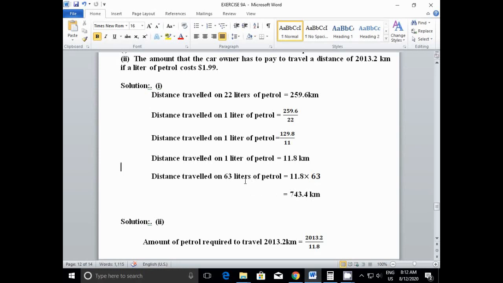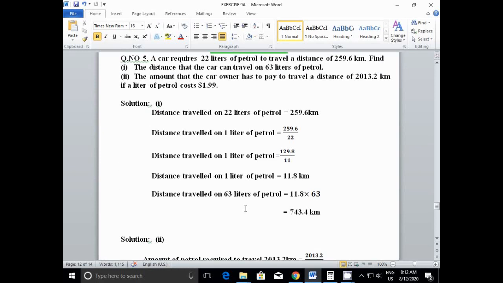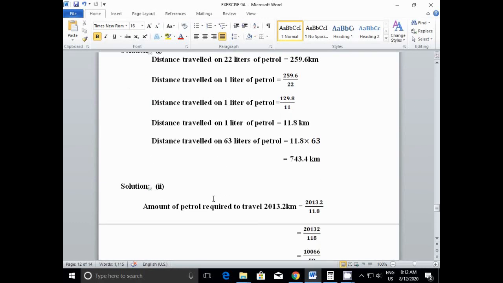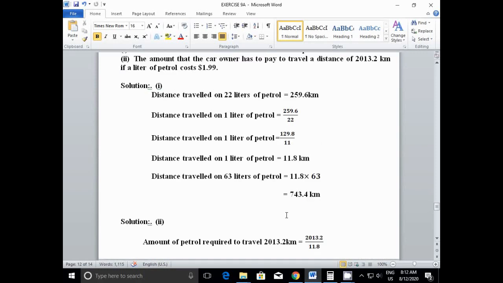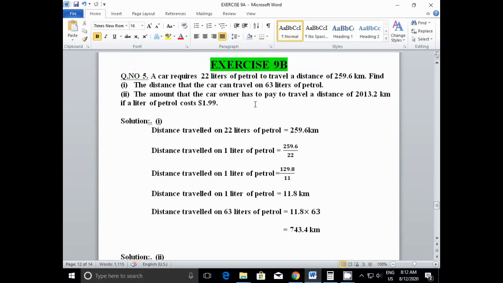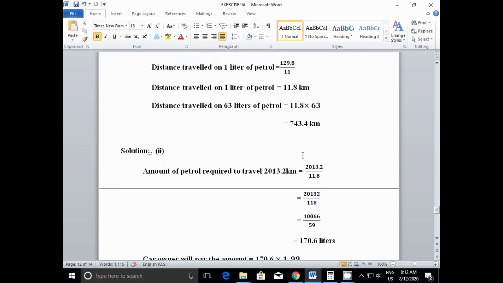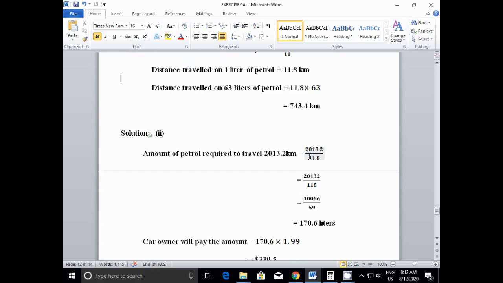Now second part from this question, we have to find the amount of petrol required to travel 2013.2 kilometer. Basically we will find the amount that the car owner has to pay to travel a distance of 2013.2 kilometer. But before this, first of all, we will find the amount of petrol required to travel 2013.2 kilometer.